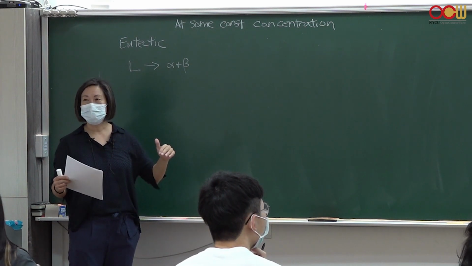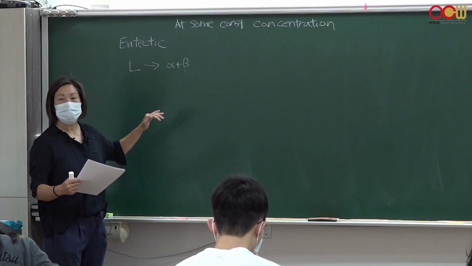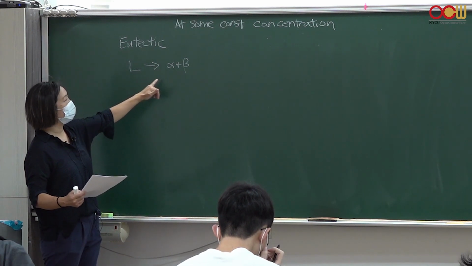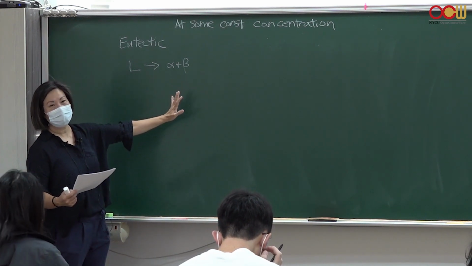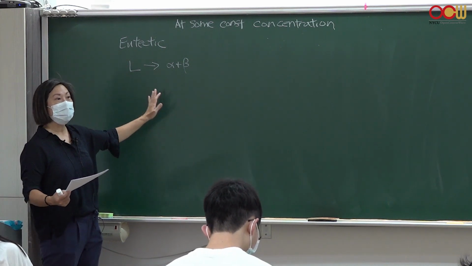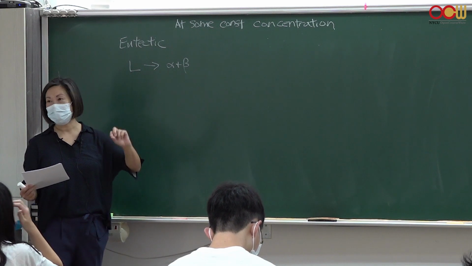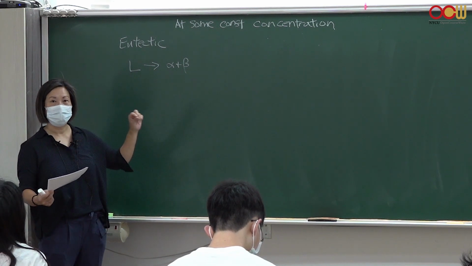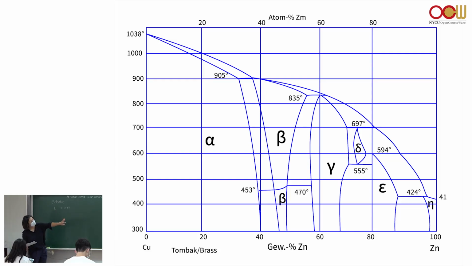And as we lower the temperature at the eutectic point, you go from a liquid to two different solids. It doesn't have to be alpha and beta. It could be any two solids. But it doesn't go through a liquid plus solid transition stage. Okay? So I don't see a eutectic point on that phase diagram. If you do see one, let me know.